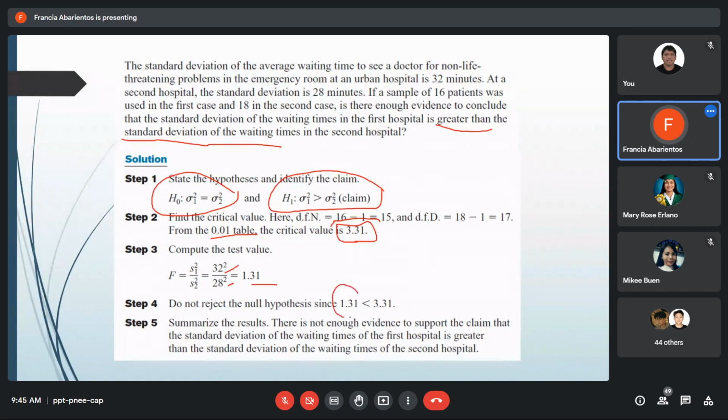Since 1.31 is less than 3.31, it is not greater. Our 1.31 is here, and this is your 3.31. So, it is not in the rejection region. We conclude that there is not enough evidence to support the claim that the standard deviation of the waiting times of the first hospital is greater than the standard deviation of the waiting times of the second hospital. Take note, if it is not in the rejection region, automatically do not reject the null hypothesis.